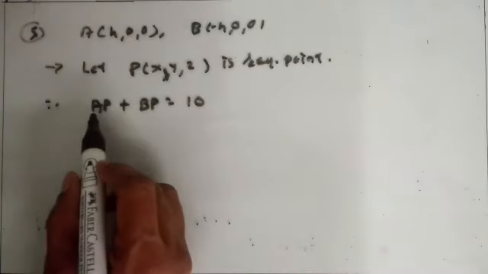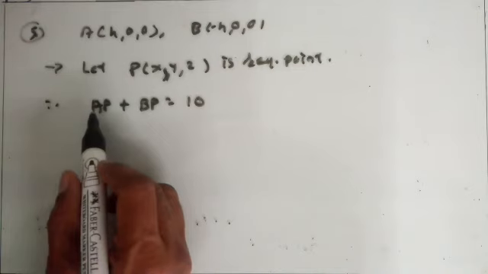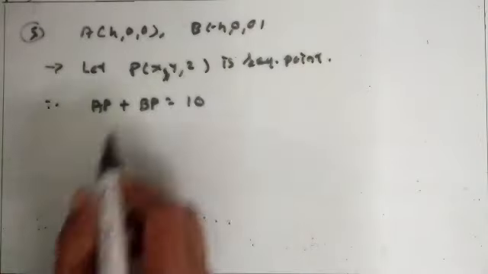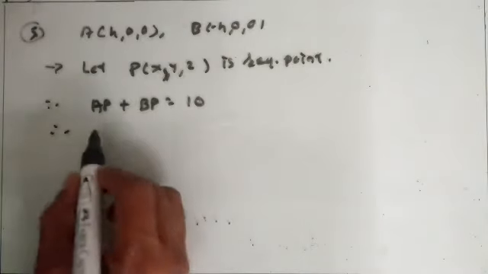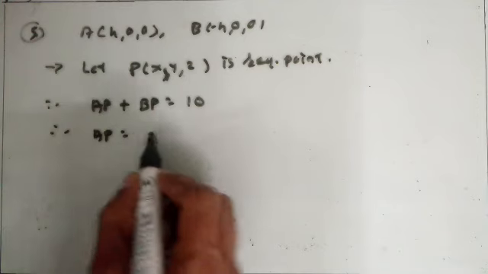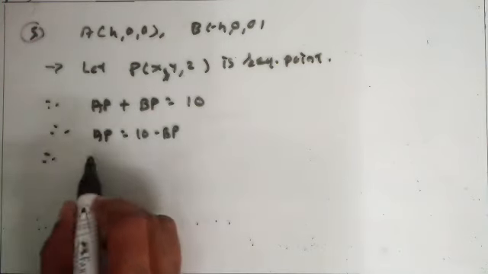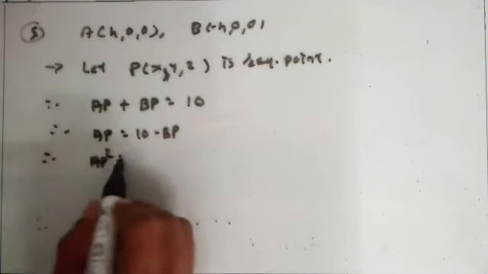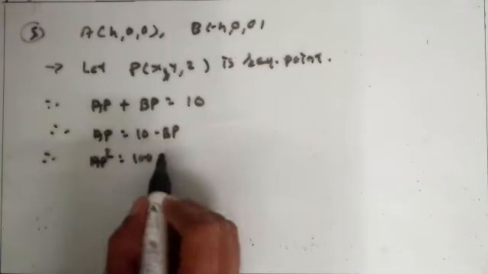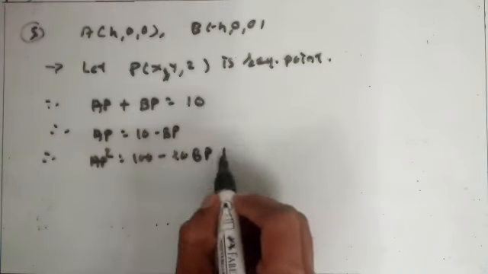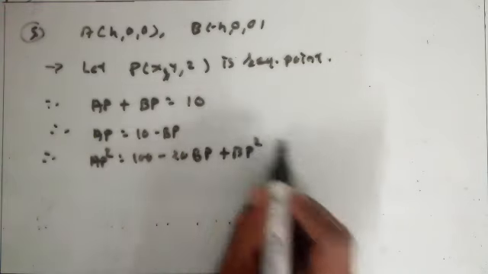Here the given condition is that the sum of distances from the given point to A and B is equal to 10. Now take BP to the other side, so we get AP is equal to 10 minus BP. Now apply square on both sides, so AP square is equal to 100 minus 20 BP plus BP square.